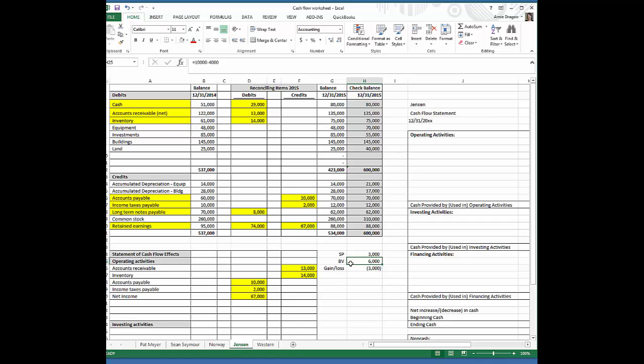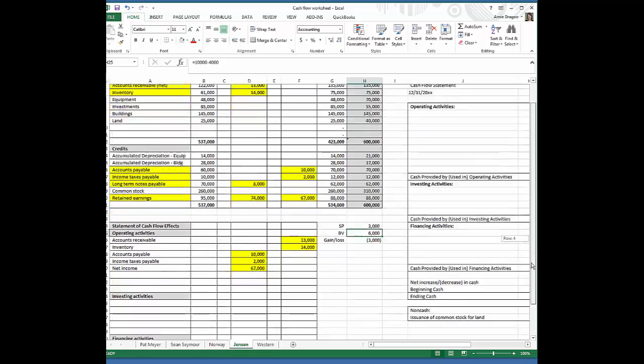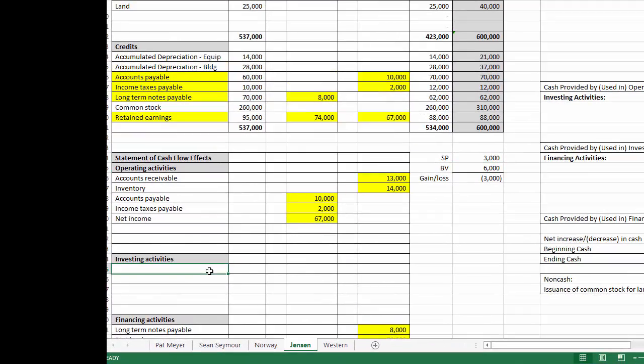So now we can take this information and enter it into our worksheet. Starting at the top, the selling price is going to be included in the investing section. So selling price of the equipment will be an addition of $3,000 in investing.